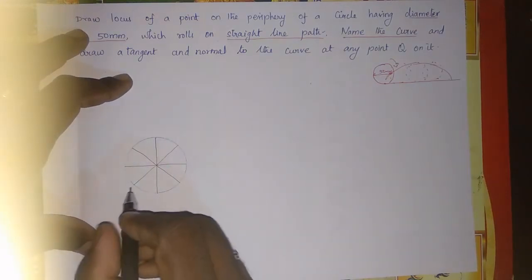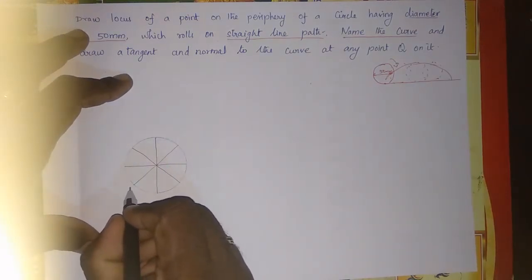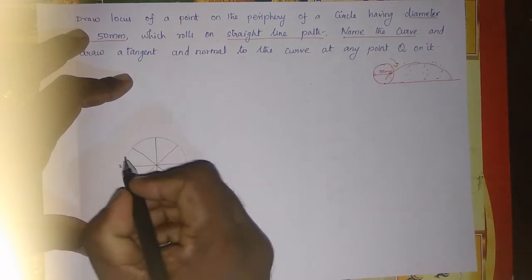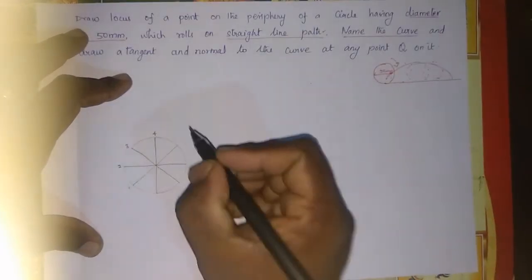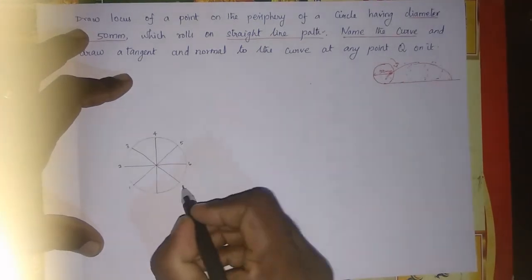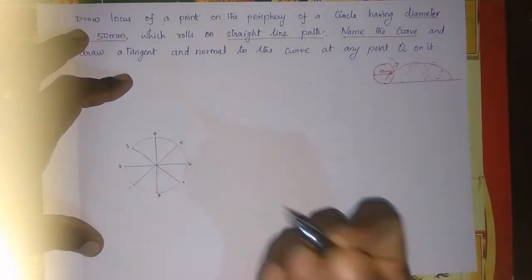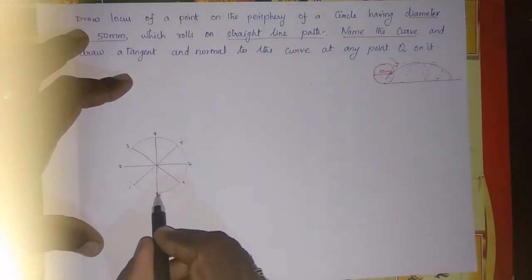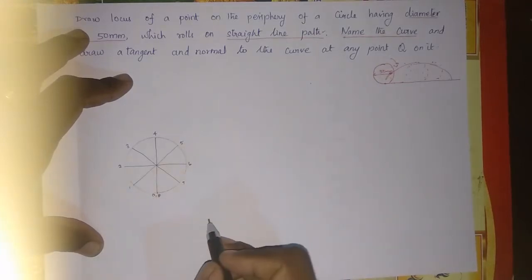I am going to number the divisions 1, 2, 3, 4, 5, 6, 7 and 8, and from the end point, the starting point is 0, 8.